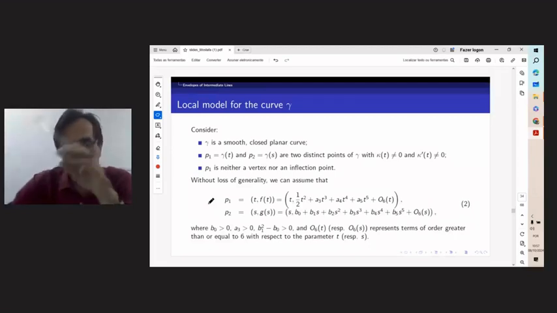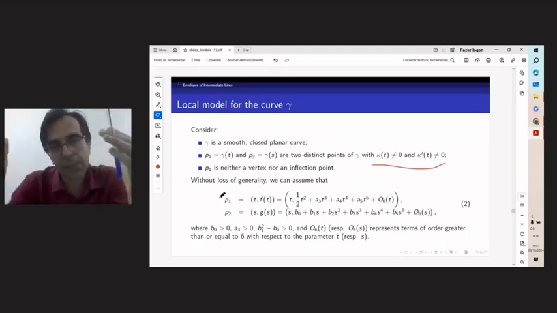Locally, first we consider this case, when the point P1 has nothing geometrically important. It has no inflection, it has no vertex.